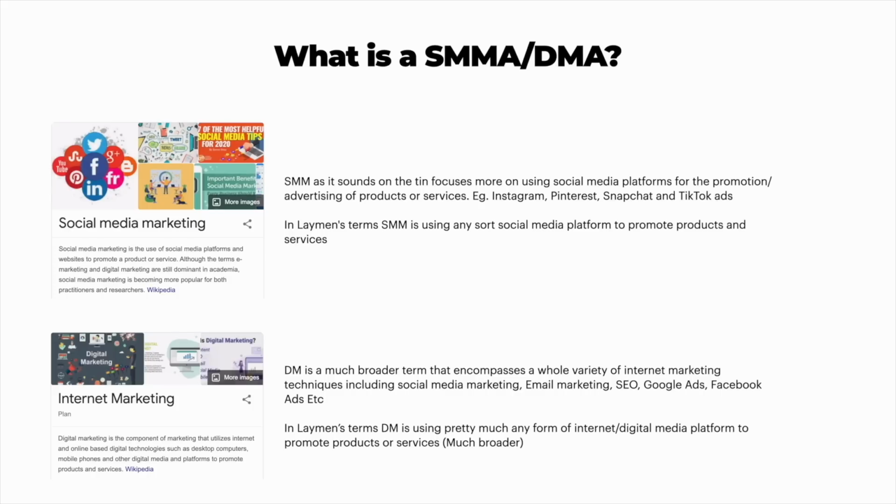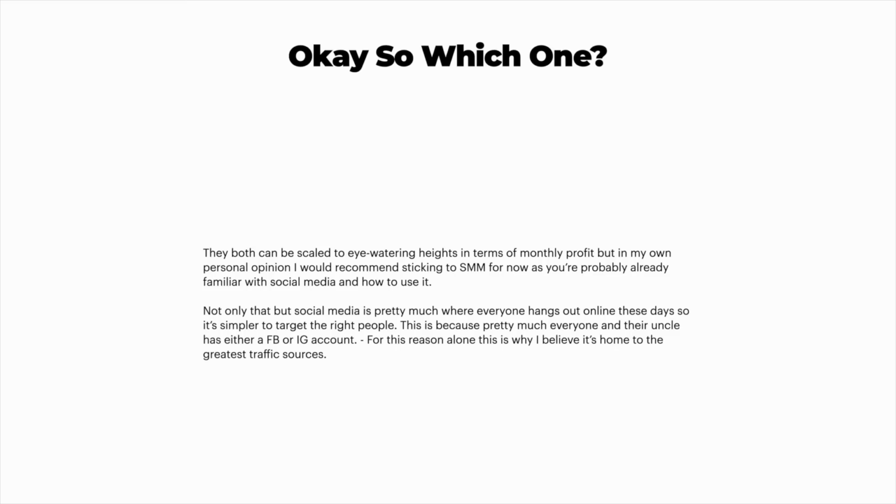In layman's terms, digital marketing is the use of any internet or digital media platform to promote products or services. Its services include social media marketing, email marketing, SEO, Google ads, Facebook ads, etc. So anything that's on the internet.